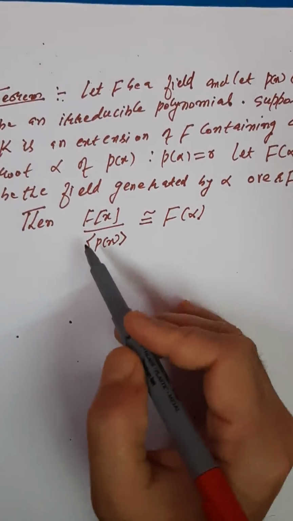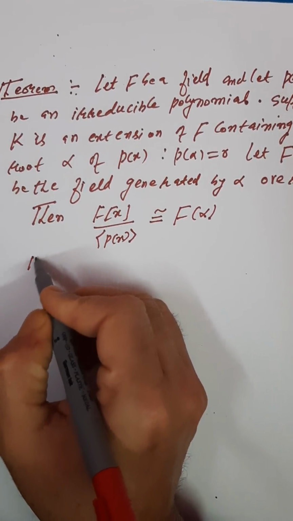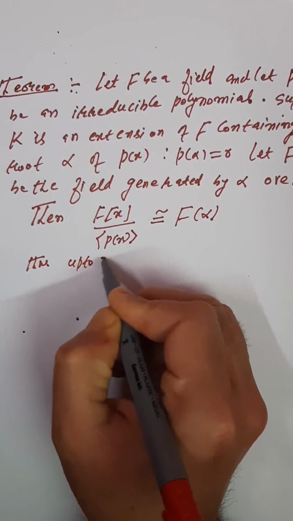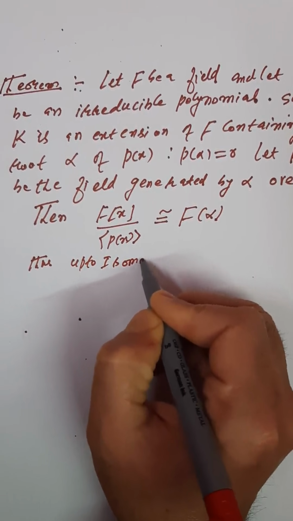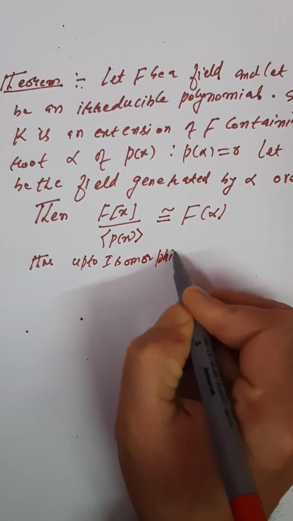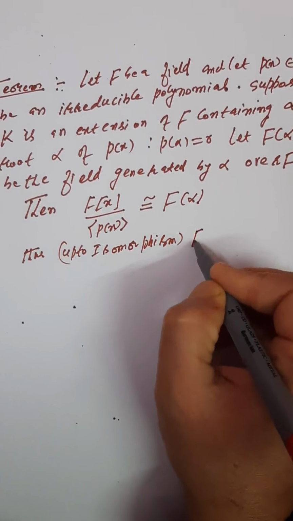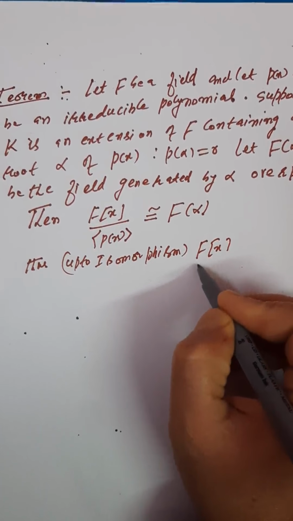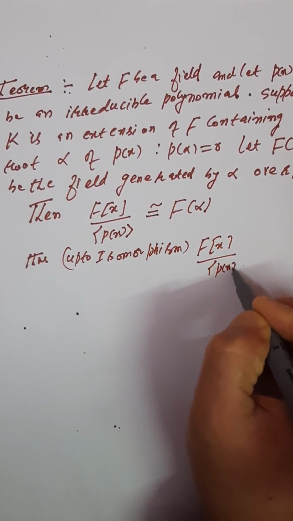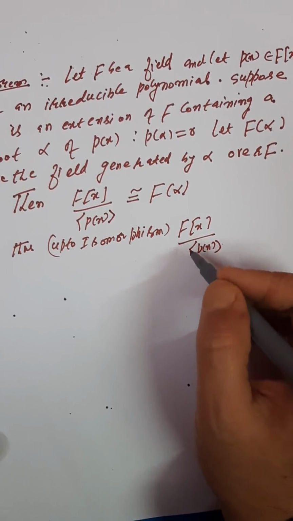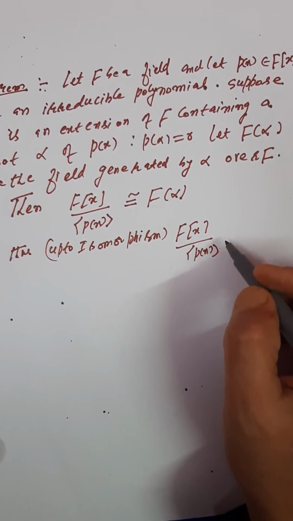So you can say that, up to isomorphism, this F[x] over the ideal generated by p(x) is the smallest extension of F containing a root of p(x).